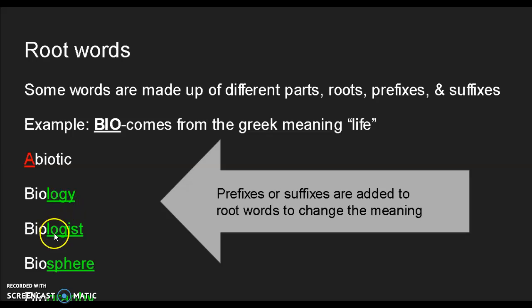You change it to biologist, someone who studies biology, and biosphere, which is a reference to all the places on the planet that contain life. And then finally, we have biography, which is someone's life story. So our root word, bio, is present in all these words, it means life, and then we add the prefix or suffix to change the meaning of the word slightly, but they all refer to life.